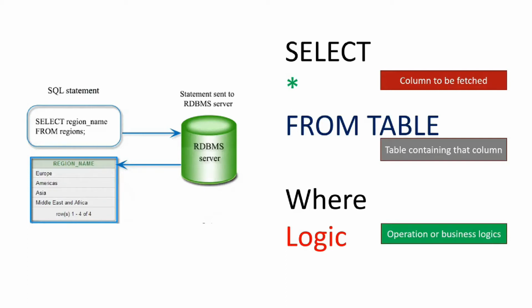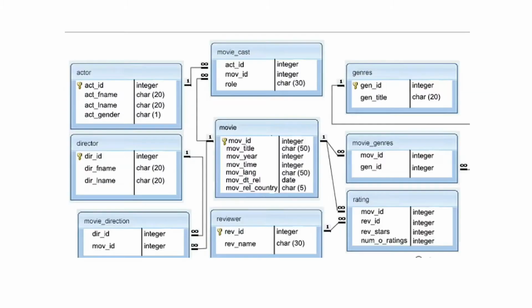So staying in Bangalore is the logic. Select employee's name, the employee's name is a column. And from which table? The employee table. Who are staying where? Bangalore. Bangalore, what is this? This is a business logic. So this is the way we should write any SQL query. This is the proper way.